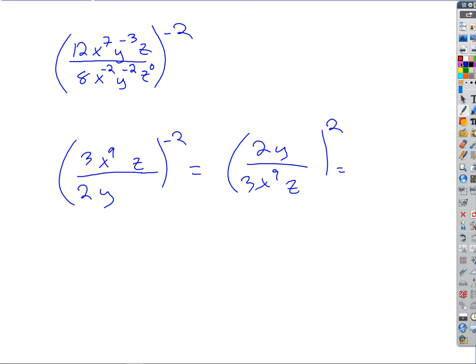Our final answer would look like 2 squared, y squared over 9, x to the 18th, z squared. Okay, make sense?